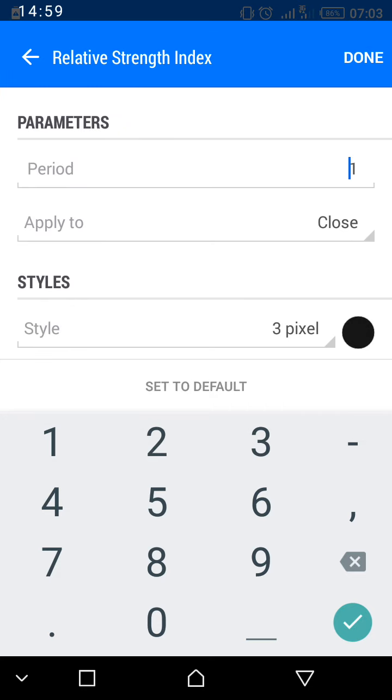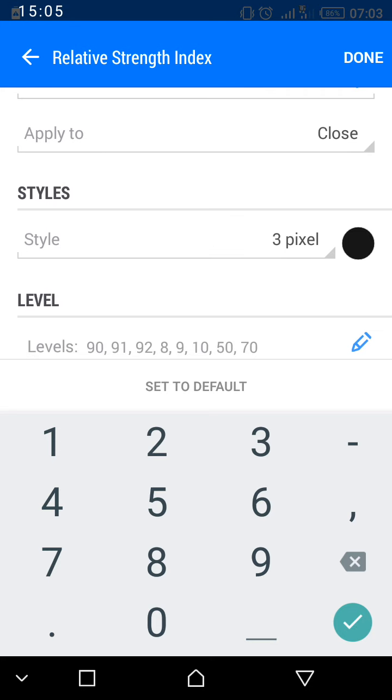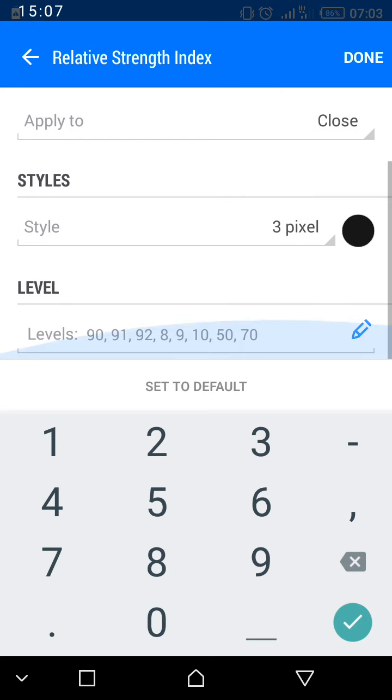Period is set to 6. Apply to close, black, 3 pixel, nice. Then you edit the levels.